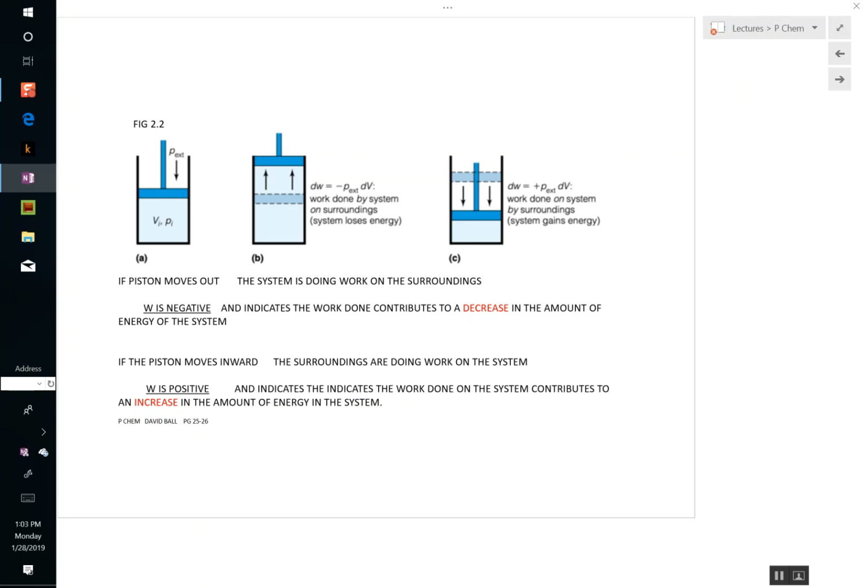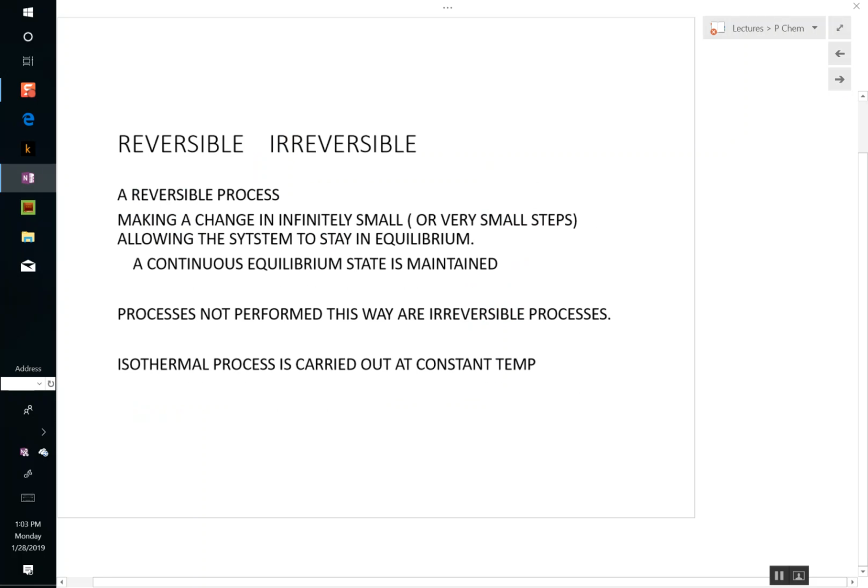That turbulence and whatever's happening molecularly really complicates the situation, so you can simplify it by doing it very slowly and keeping it at equilibrium. Let it adjust to a new equilibrium all the way up there. It never really gets away from equilibrium. So that's doing it in a reversible manner.